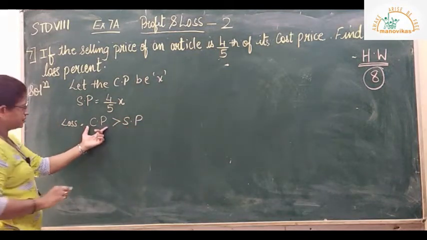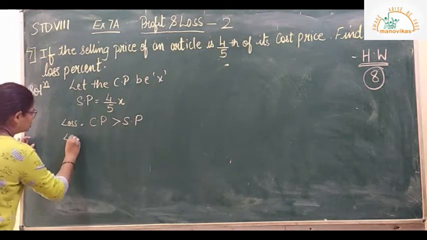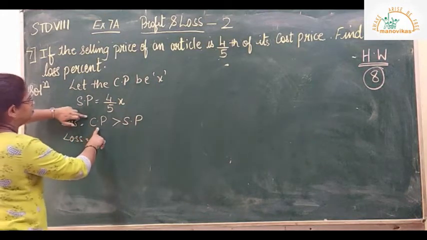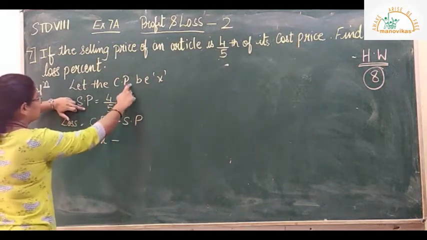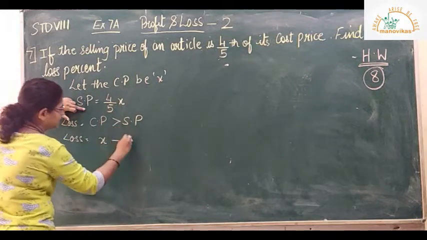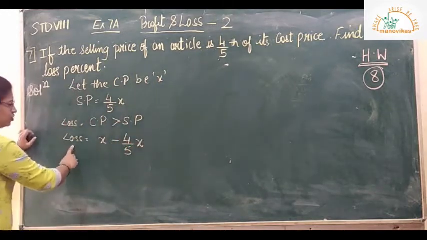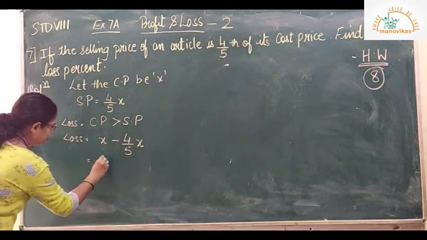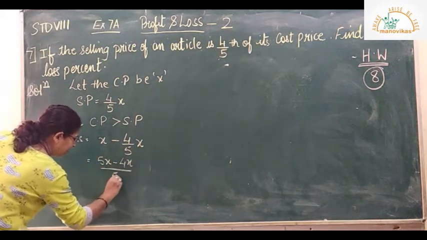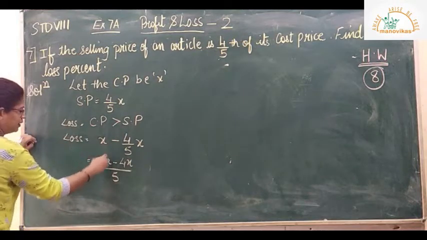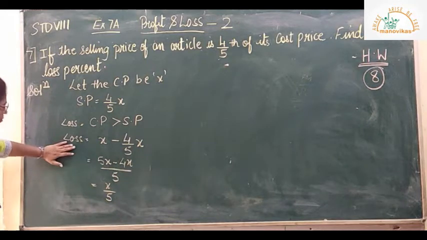So my loss here will be the cost price, that is x, minus the selling price, that is 4/5x. So I find out the loss here. I get 5x minus 4x divided by 5, by cross multiplying. I get it as x/5.